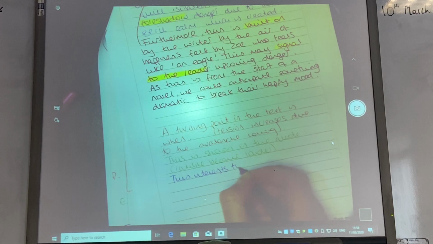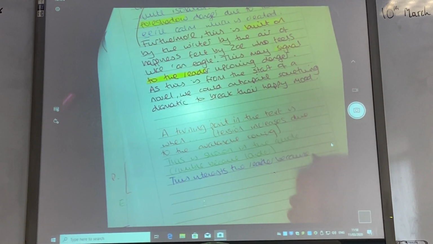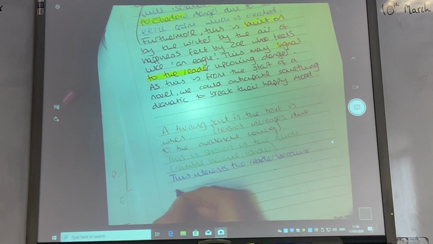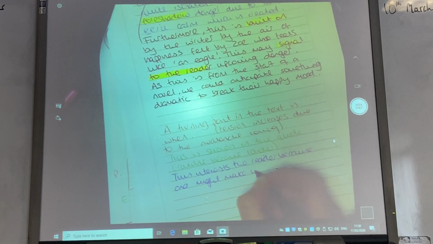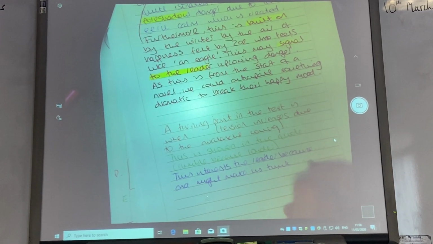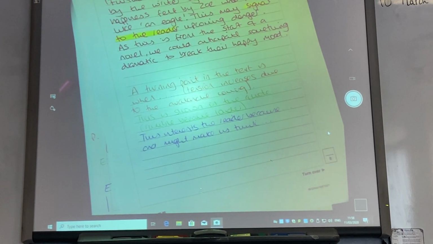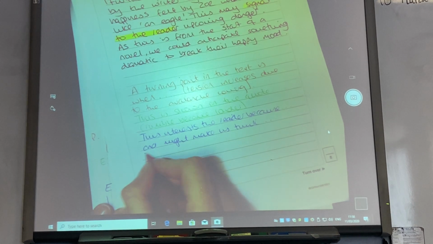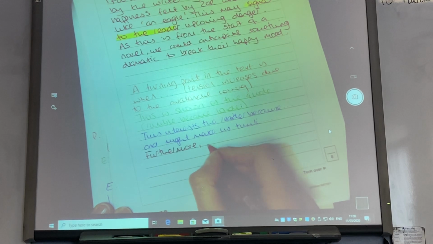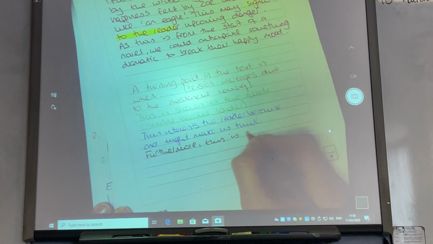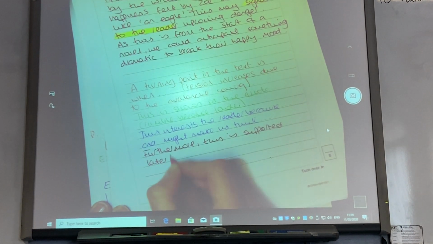This interests the reader. Use the words from the question. Because, why does it interest you? You want to know what the rumble is. Might make us think. Well, what might it make us think? It might make us think they're in danger and they should get off the ski slopes. And then, furthermore, this is supported later or earlier.